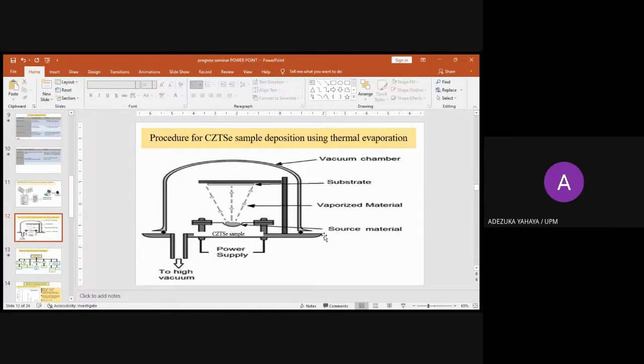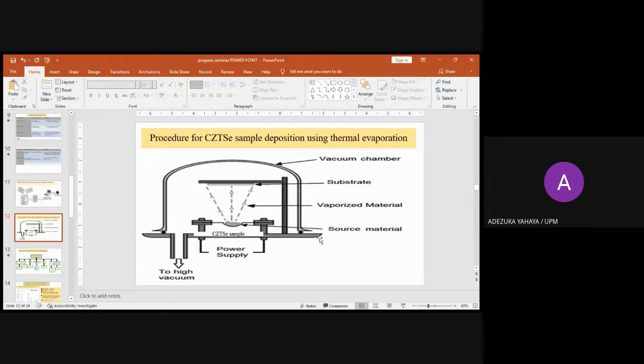I put it on the boat, then I subject it to the power supply. The vacuum chamber helps to protect the sample from oxidation by the surrounding gas. Then I control the pressure inside the chamber, up to 10 to the power -5.